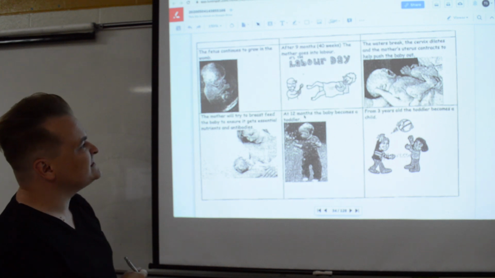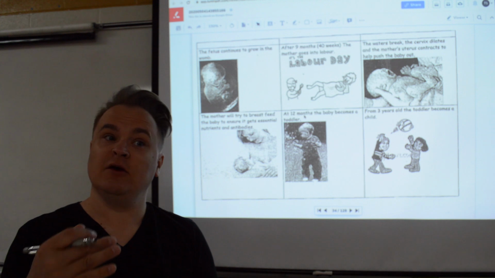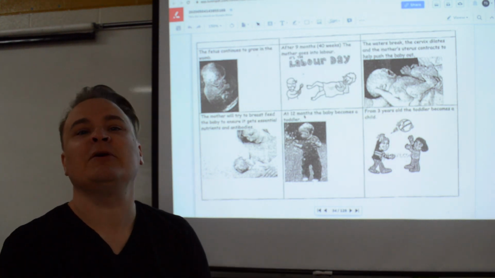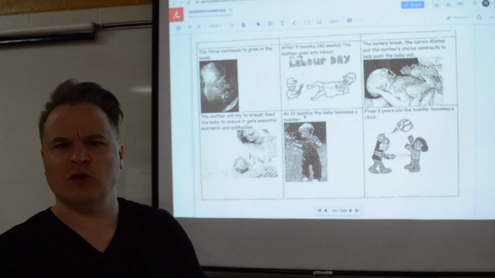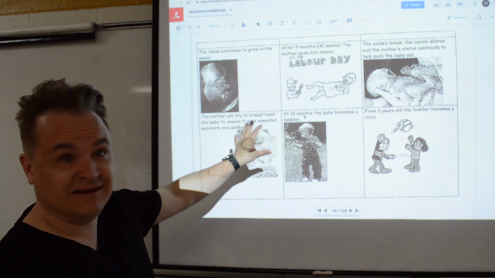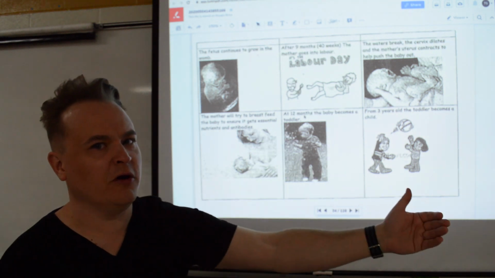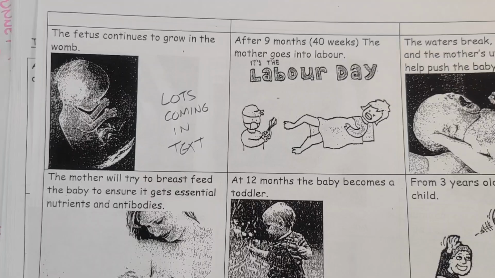At 12 months, the baby becomes a toddler. Now, I'm going through this fast because, like I said, we have another slideshow that talks about it in some more details, and then we have a textbook assignment that also talks about it. So if everything that you know about childbirth and development isn't in this slide, don't worry. There's going to be a couple more versions of the same thing with some different details along the way. So I'm going through this very fast.